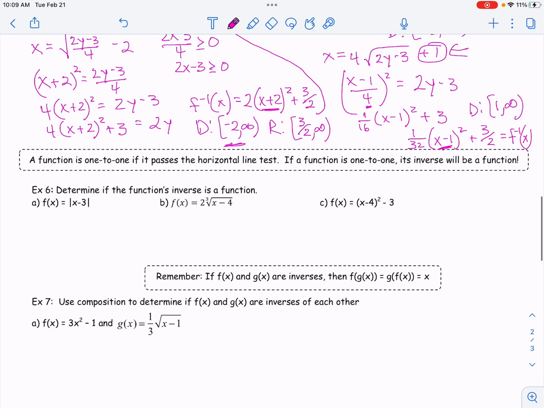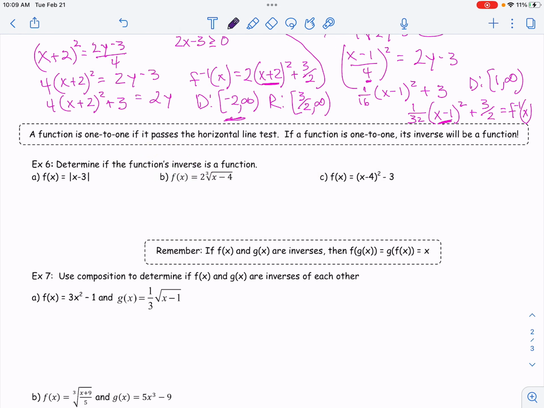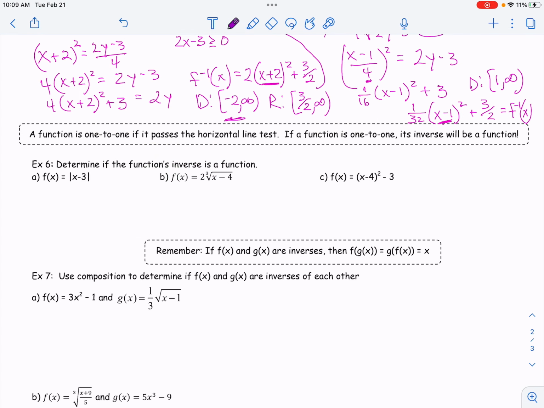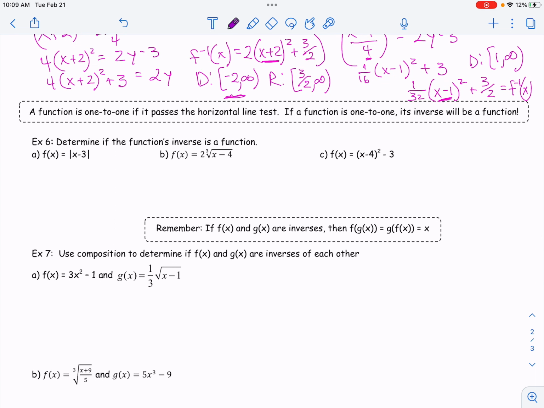Okay, all right, so to check to see if a function is a one-to-one, you would do the horizontal line test. To see if the inverse is going to be a one-to-one, you do a vertical line test. So determine if the function's inverse is a function.